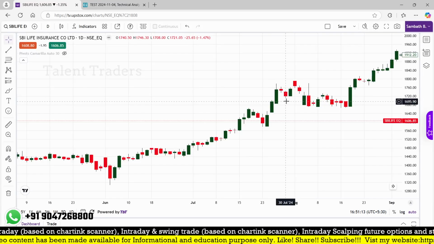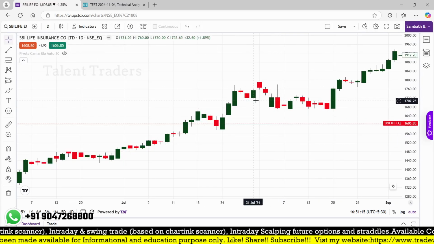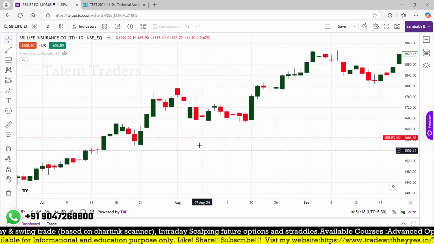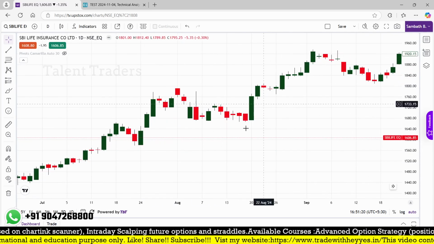Yeah, I think here 30th July. There is a low. If it breaks, we can look for it. But unfortunately, the high is broken and it may not be valid.